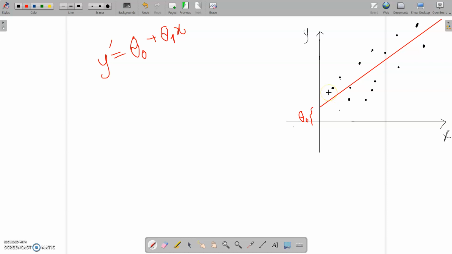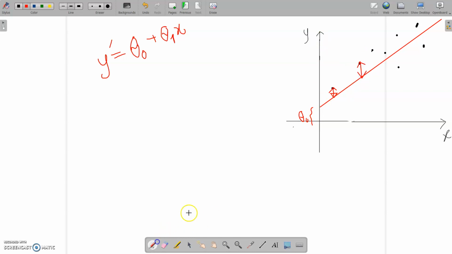So what we do here is, from each of the points, you draw a normal line, normal to the y-axis, like this.